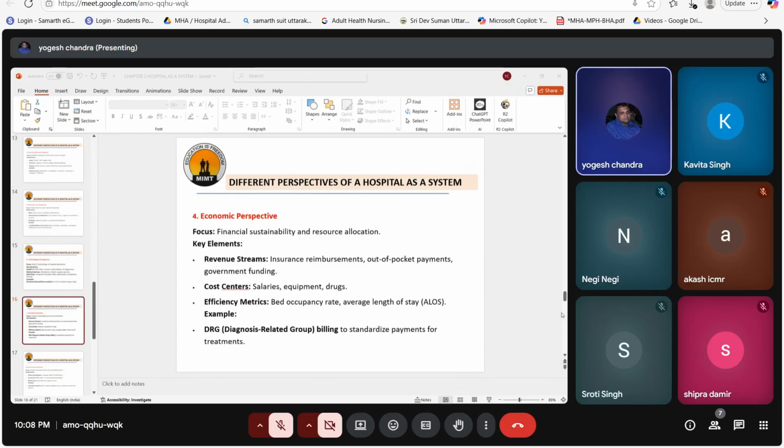In any condition you are getting this amount only. Now you see, if the hospital is able to manage and optimize its functioning, it can do this surgery for even less than this, meaning they can increase their profit margin. Sometimes they are able to do this surgery for 10,000, so their profit is 5,000.